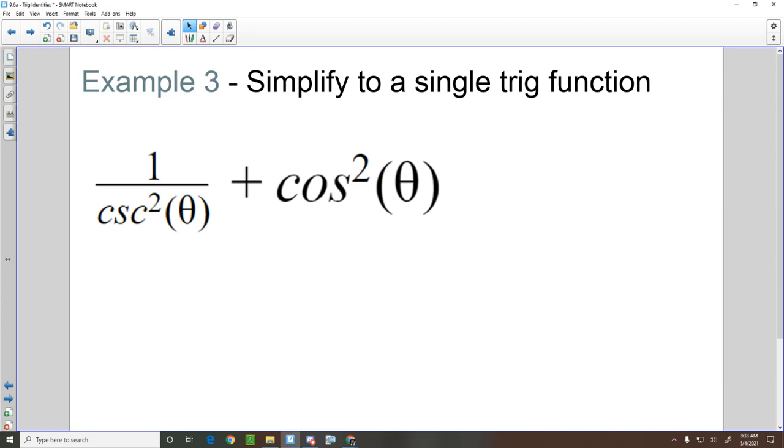Since this is already 1 over, if we look at our reciprocal identities, 1 over the cosecant is just that. It wouldn't be 1 over it because it's already got that 1 over. You would flip it and change it to what it's equal to. Squared still, right? Because it's got the square. Plus cosine squared. Done.